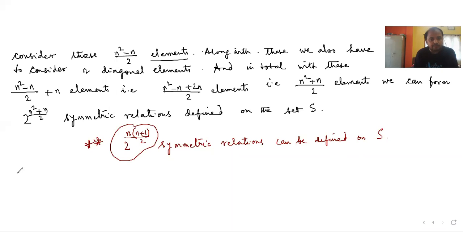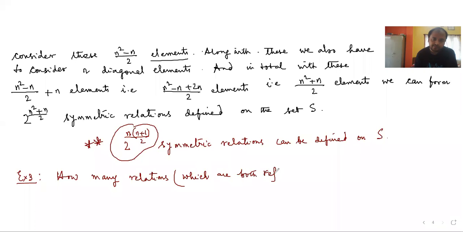I am giving you one problem, example number 3. Try to find it by yourself. How many relations which are both reflexive and symmetric can be formed on capital S?